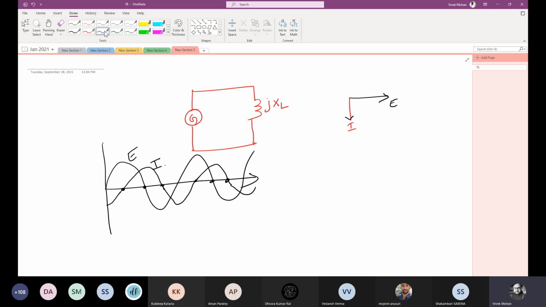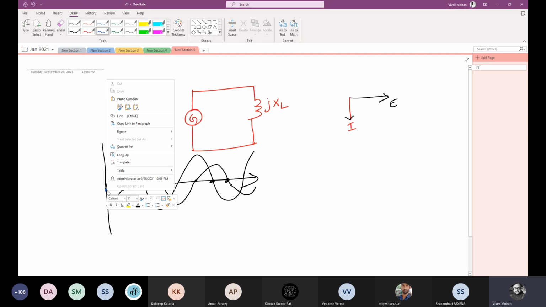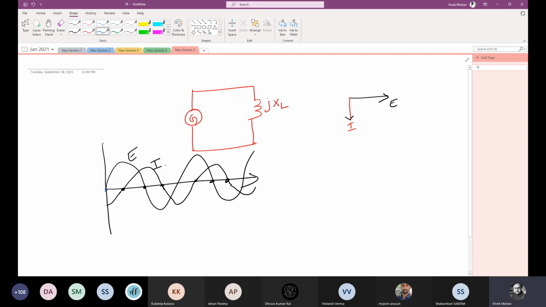I'll take another color. Where will be my power 0? At pi by 2? From here, will it start to the negative side or positive side? Negative side, good.